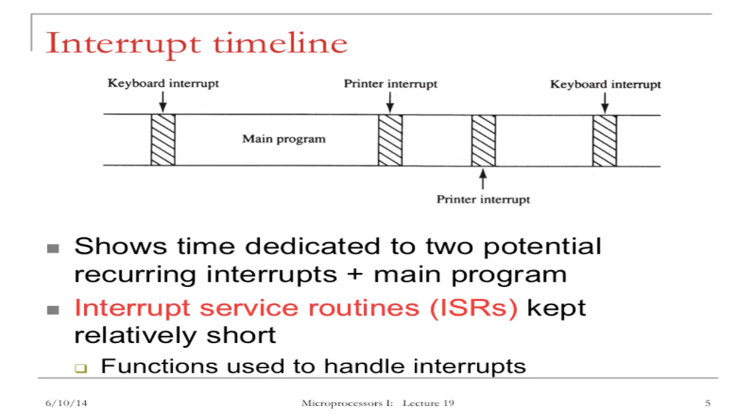These interrupt service routines are very device specific, or interrupt specific. For different interrupts, different operations are necessary to handle them. These interrupts can occur at any given time while the main program is being executed. In this diagram, you can see that both of these two interrupts happen the second time.